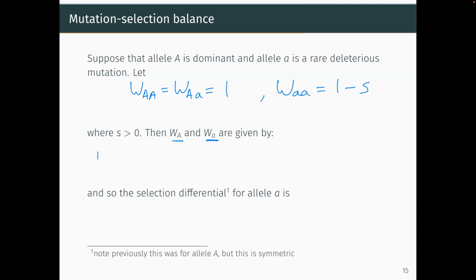It turns out that the fitness of the big A allele is going to be ultimately P plus Q times 1, which is just 1.